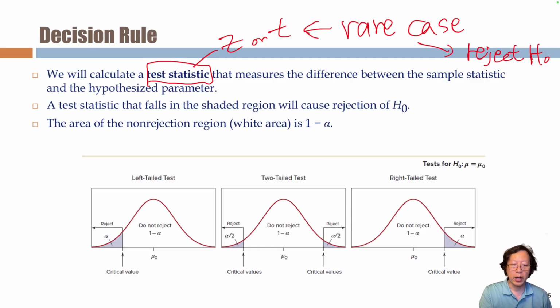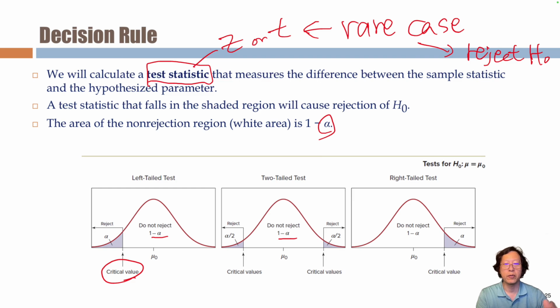So how can we find the critical value? It depends on the alpha, so it depends on how you choose the alpha or confidence level. Then we can choose the critical value. If our test statistic is a more rare case, so in a left tail test it is smaller than the critical value, and in a right tail test it is greater than the critical value.